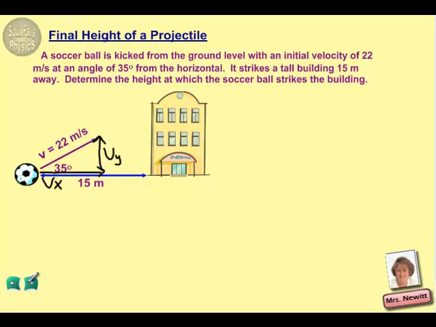The x component is adjacent to our angle of 35 degrees. So adjacent sides would involve the cosine. So cosine of 35 degrees is equal to the adjacent side, or the Vx, divided by the hypotenuse, which is that resultant velocity of 22 meters per second.